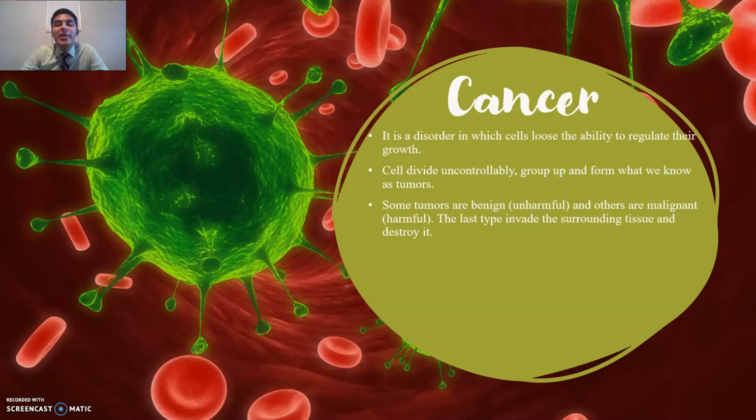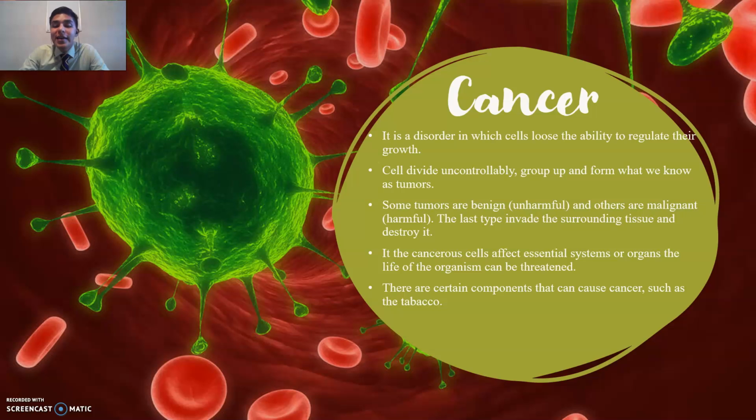The latter type invades the surrounding tissue and destroys it. If the cancerous cell affects essential systems or organs, the life of the organism can be threatened. And there are certain components that can cause cancer, such as tobacco.